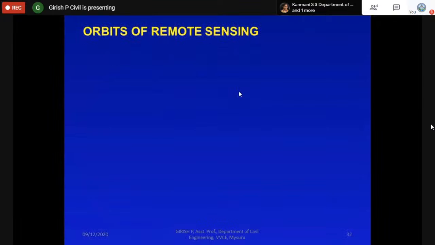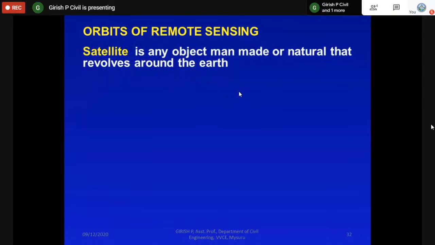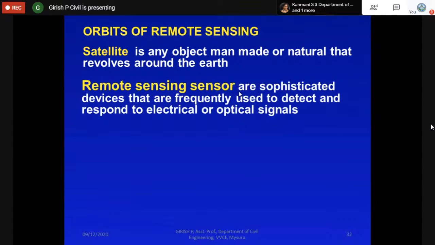Coming to the remote sensing orbits, we have satellites. A satellite is an object, man-made or natural, that revolves around the earth. Any satellite, depending on its specification and target path, revolves around the earth and continuously captures data.